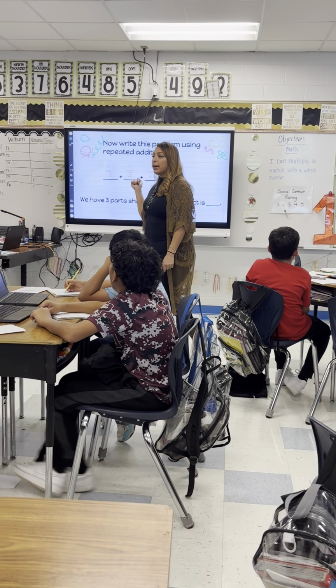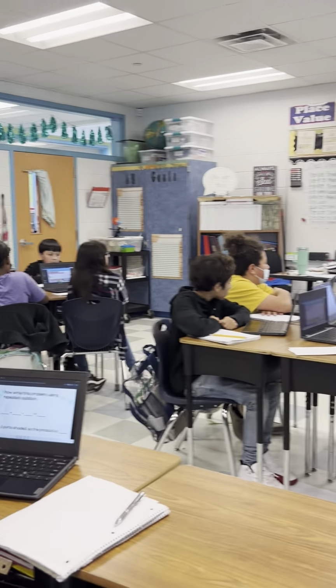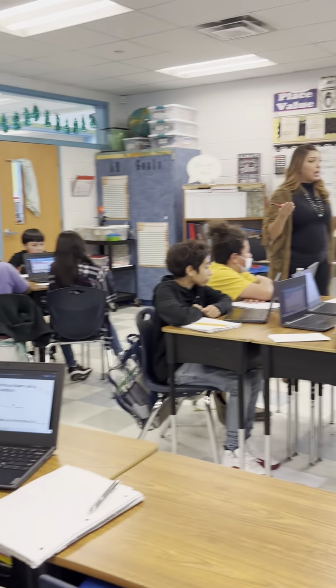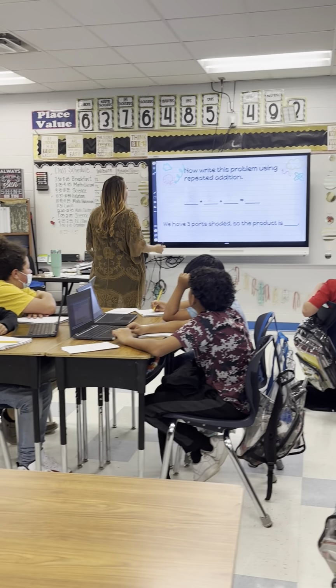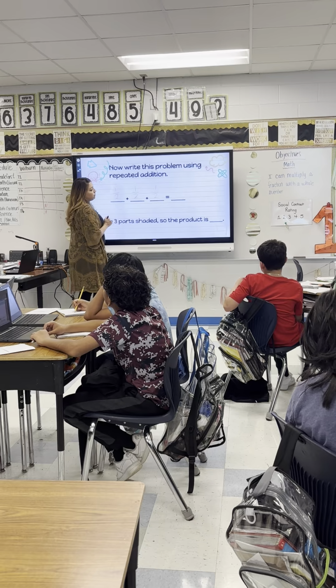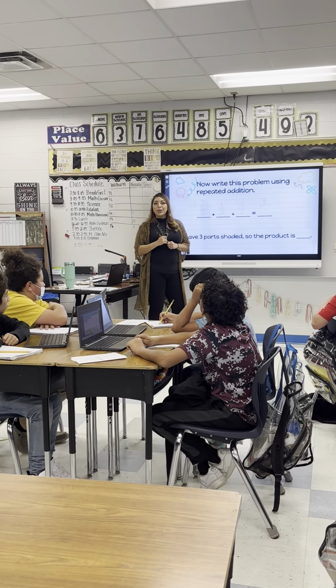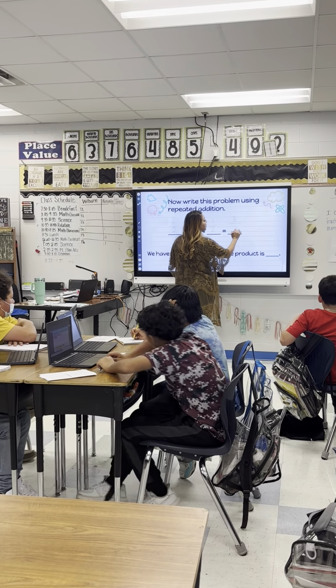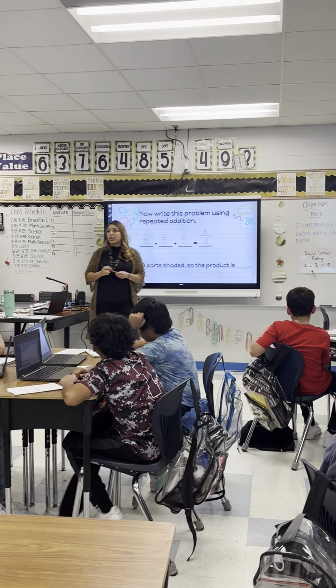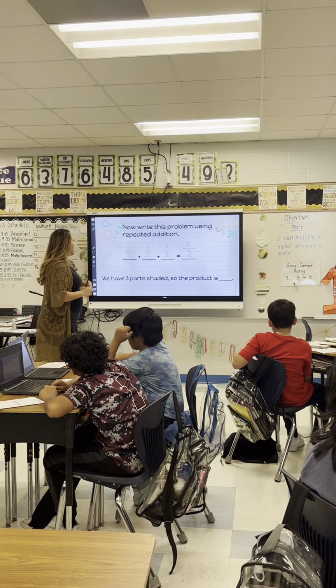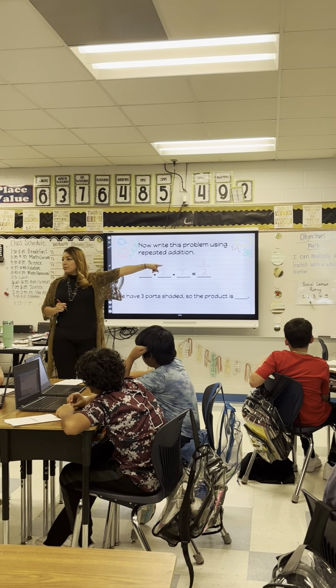What do we do with those numerators? You add them. So what is 1 plus 1 plus 1? 3. And what does my denominator stay? 2. It stays the same, right? Because when you're adding, the denominators do not change.